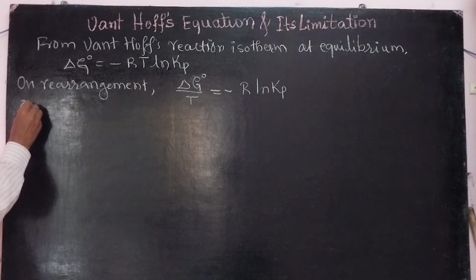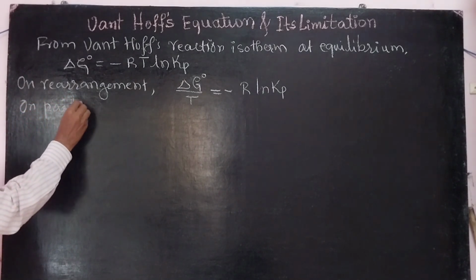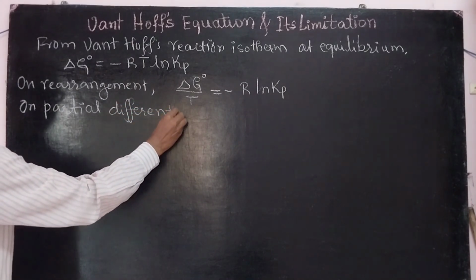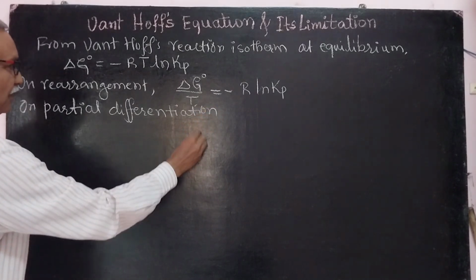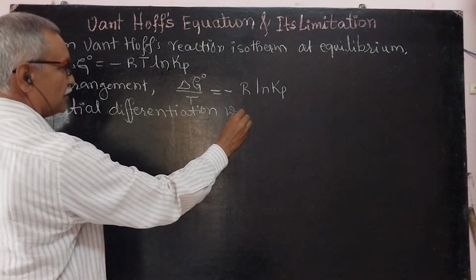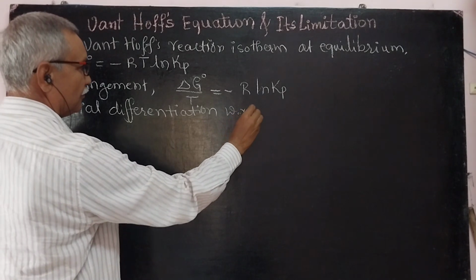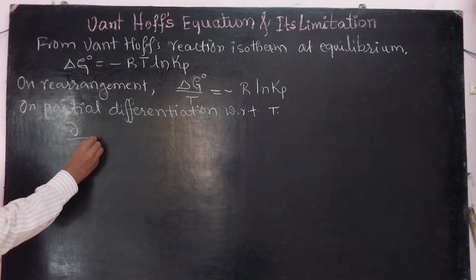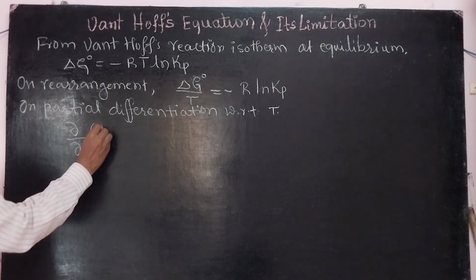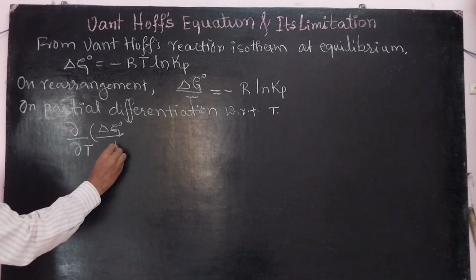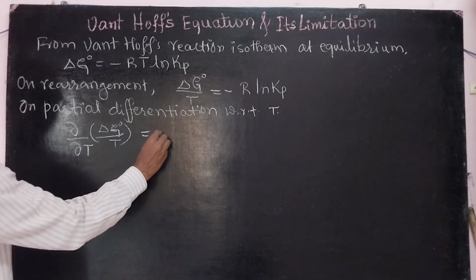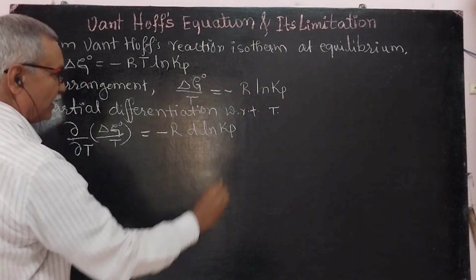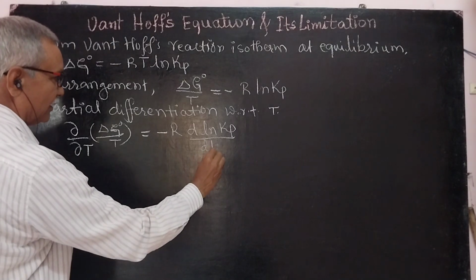On partial differentiation with respect to T, we get dou by dou T of delta G naught divided by T is equal to minus R d ln Kp divided by dT.